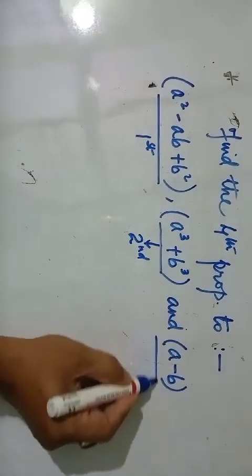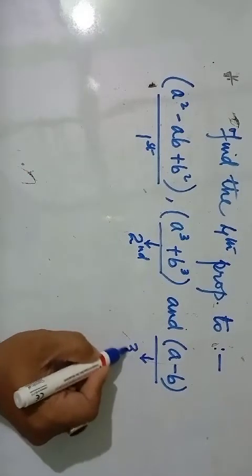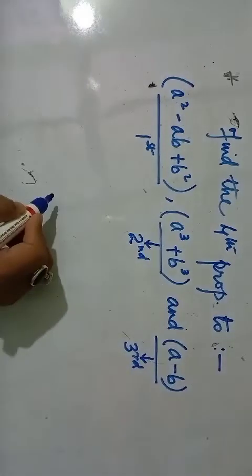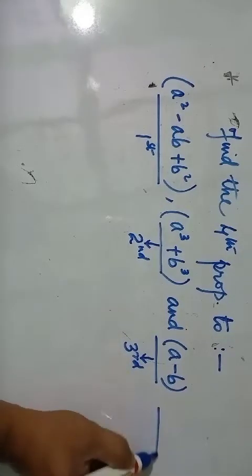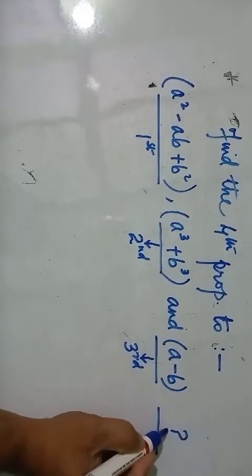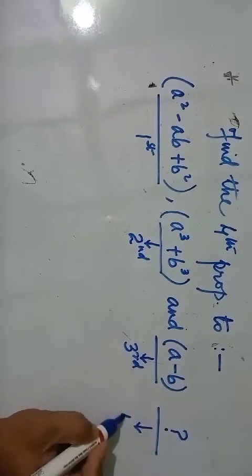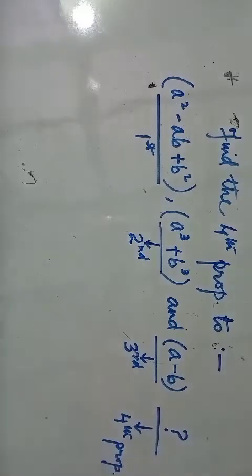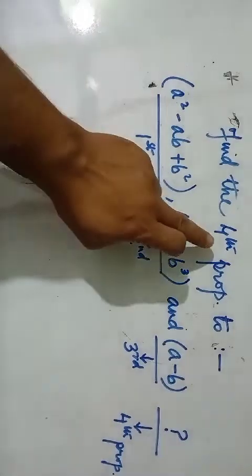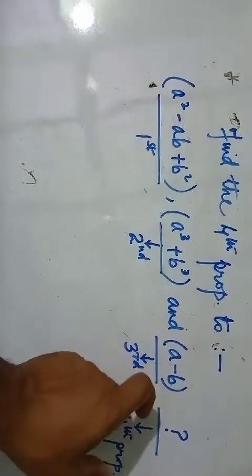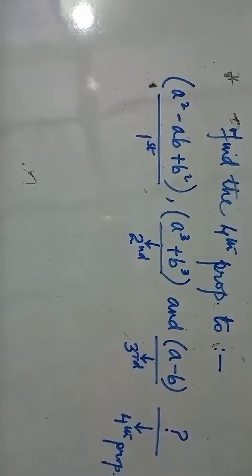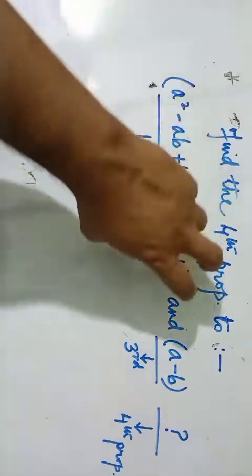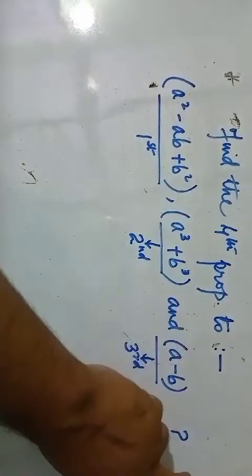Okay, this naturally becomes the third proportional, and obviously there is something that you don't know, and that will be your fourth proportional. Okay, so essentially your question has asked you that fourth number which is going to be there. So you have 1, 2, 3 and the fourth number.